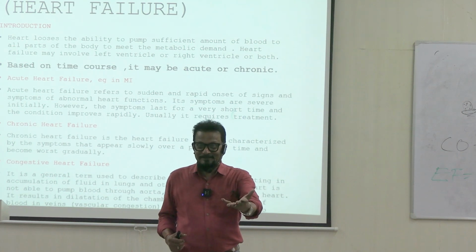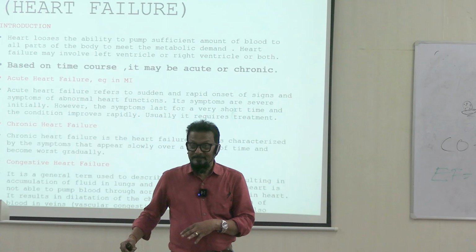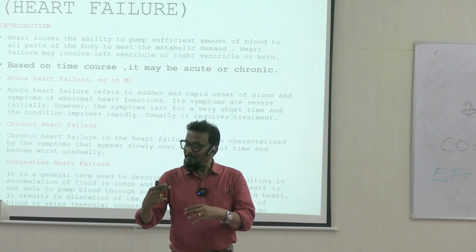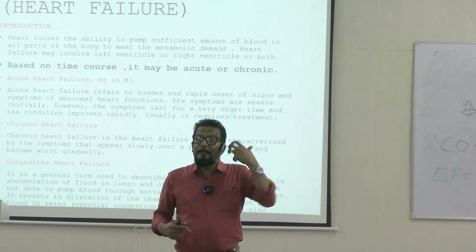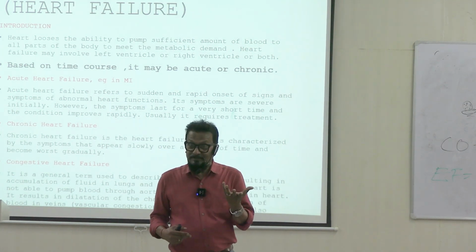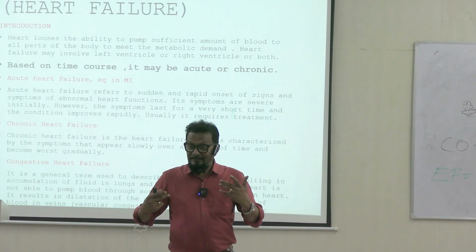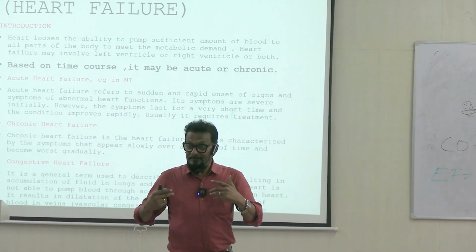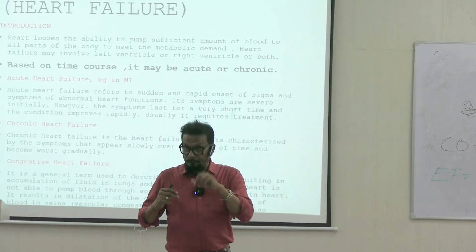The blood is congested in the blood vessels, not moving, not circulating. Similarly, in the lung there can be congestion. When there is lung congestion, there will be breathlessness, fast breathing, increased respiratory rate, and shallow breathing.